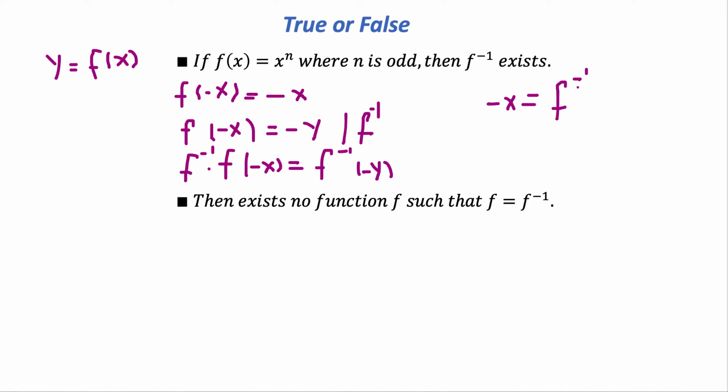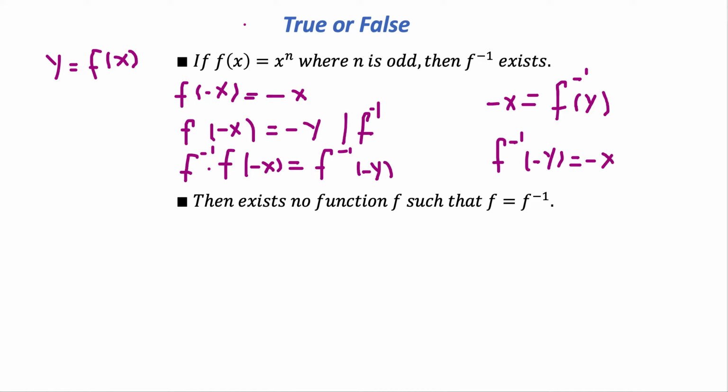So it satisfies this equation, and also the inverse function is an odd function, and this function is 1 to 1, so it has the inverse function. It means f to the exponent minus 1 of minus y is equal to minus x. So we already proved this statement is true.